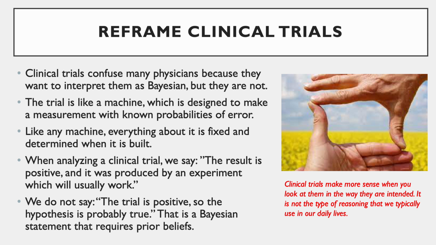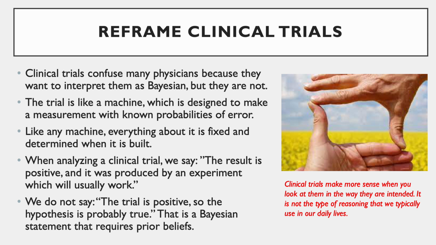The clinical trials that we create are more like machines that are designed to make estimates or to prove hypotheses, and they're designed with known probabilities of error. So like any machine, it's basically done once we design it and we ship it out; all of the specs are determined. And when we use it, we get a result and we say the trial is positive and it was produced with a procedure that usually works.